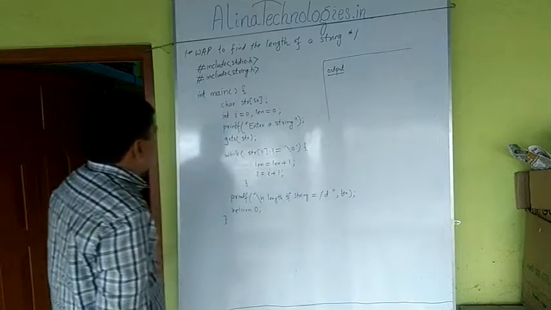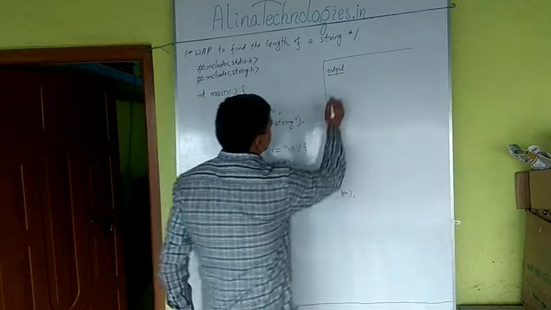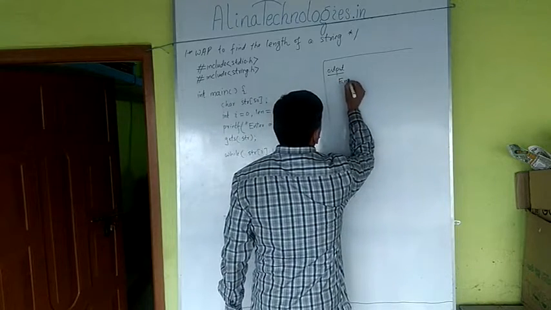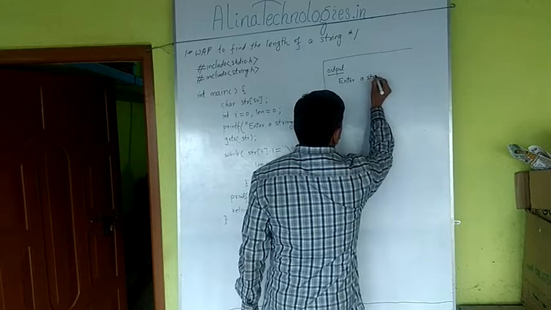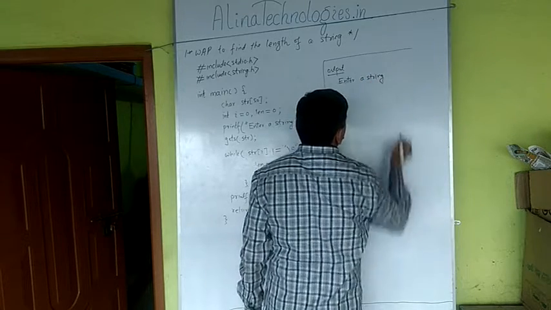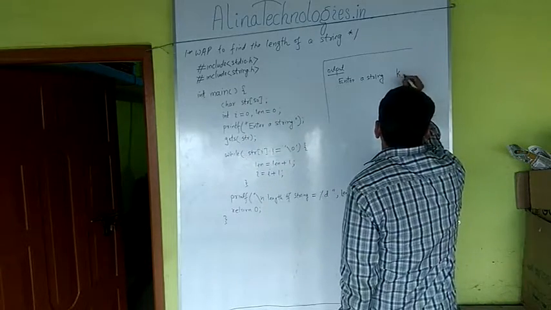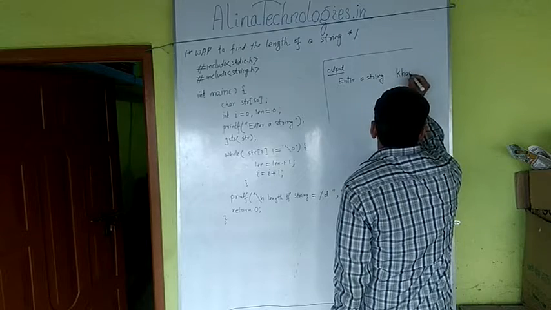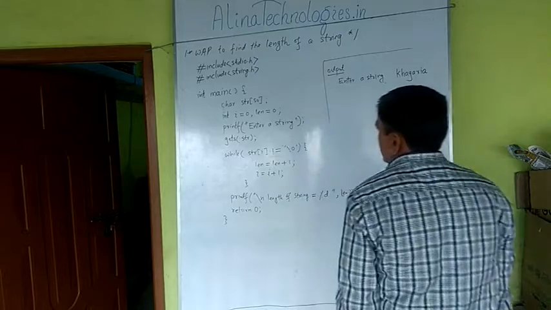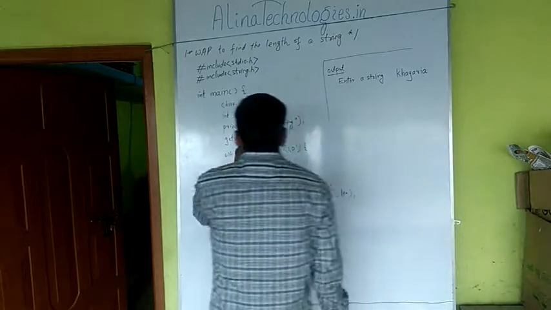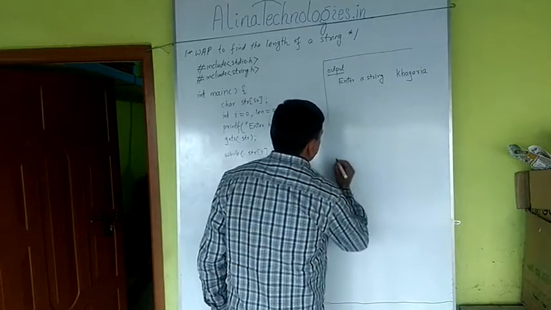Try to understand with an example. Enter a string. This information is displayed on the screen. Whenever you enter a string, Khagaria, the Khagaria will be stored in the string array.